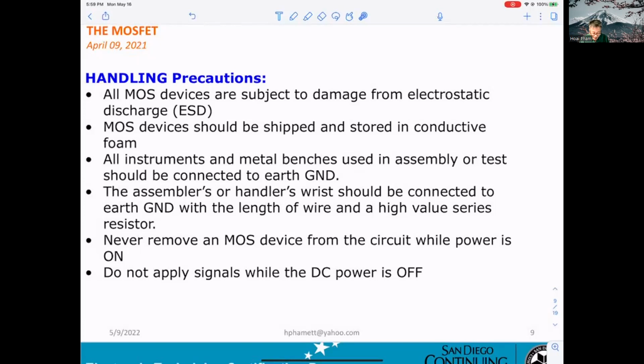Do not apply signal while DC power is off. This is very, very basic. When you get a job offer, the first thing they will give you is training, to make sure you know how to handle the MOSFET device.